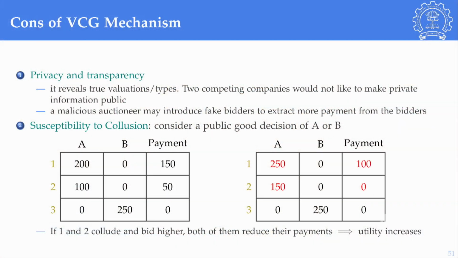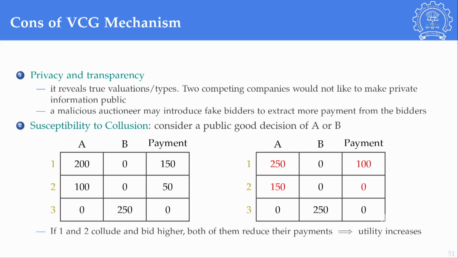So this has to be increased to a certain value. Let's say this has to be 250 and this is 0. Now what is the payment in that case? Just have to work it out. Maybe in the tutorial session we can remember this example and do it.